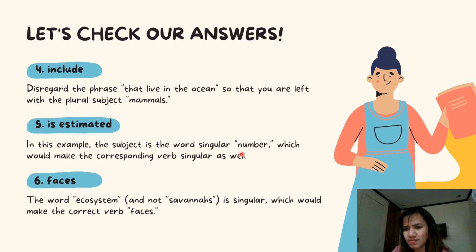We're referring to the number, so your subject here is number, which would make the corresponding verb singular as well. So, it is estimated. For number 6, the word ecosystem, not the savanna. We're not referring to savanna. We're referring to a single subject, a singular subject. So, ecosystem. This would make the correct verb faces.